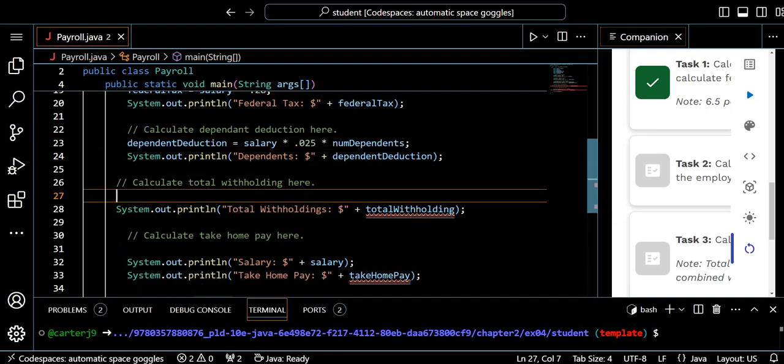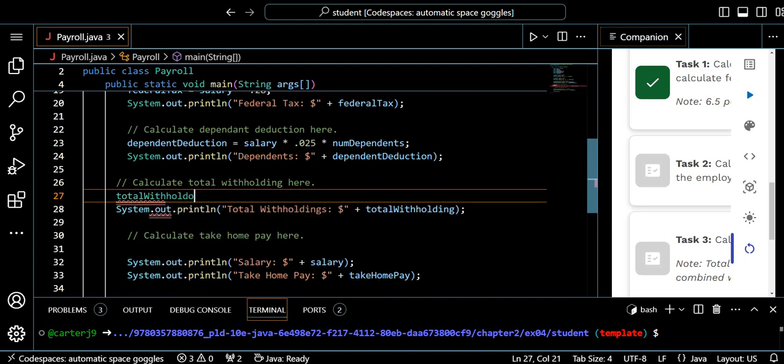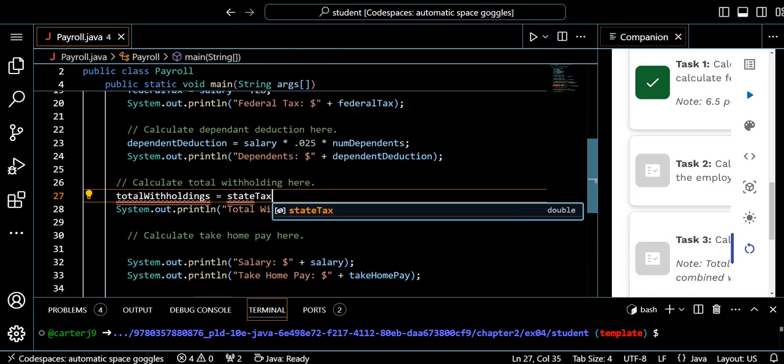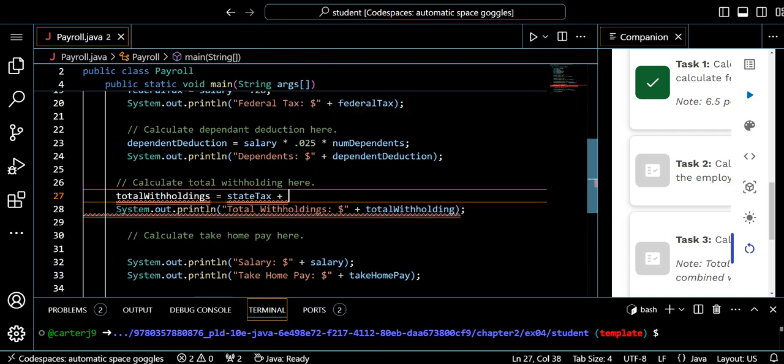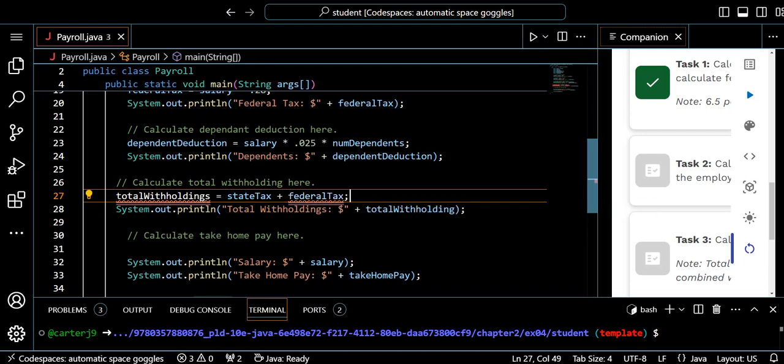And we'll go with total withholding, two L's, equals state tax plus federal tax. Total withholding, no S on it. You see that error line, make sure you correct it. That looks good.